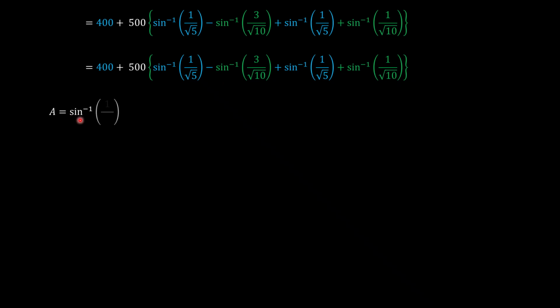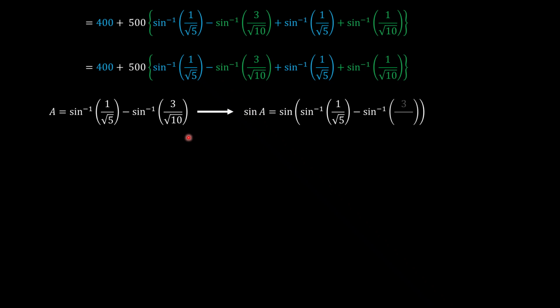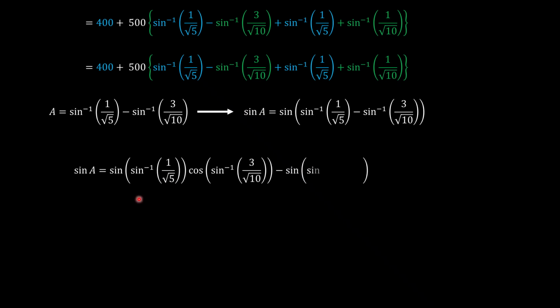So if A is equal to arc sine 1 over root 5 minus arc sine 3 over root 10, then it means that the sine of A is equal to sine of arc sine 1 over root 5 minus arc sine 3 over root 10. And then sine of a difference of two items is the same as sine of the first times cosine of the second minus sine of the second times the cosine of the first. And that's what we've done here.